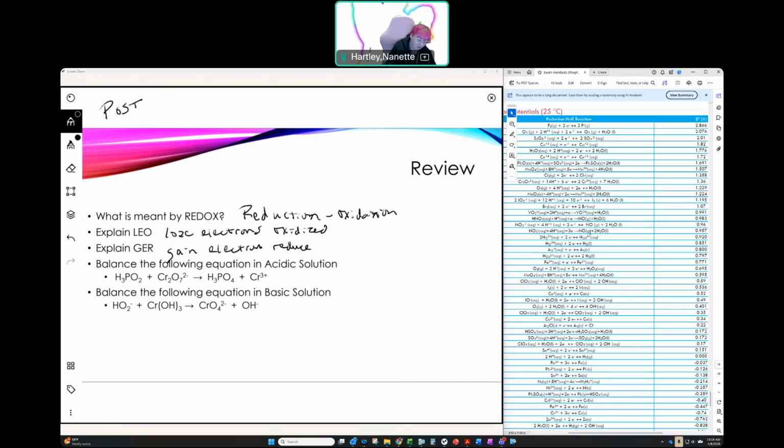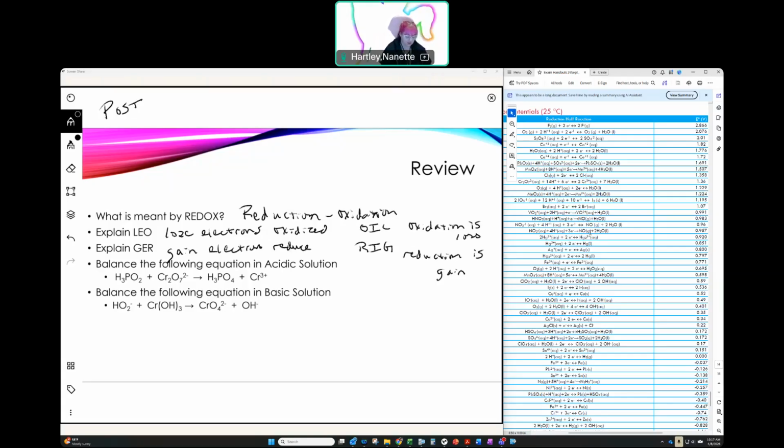I've also heard of OIL RIG. So OIL RIG, which is oxidation is loss, reduction is gain. And so again, we need to think about where the electrons are in this thing. If they're a product, I have lost them.